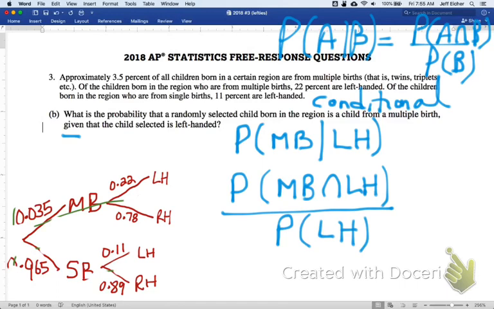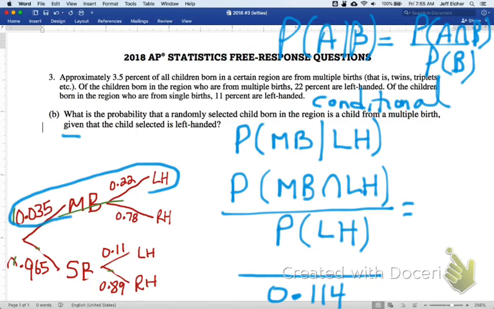So I have my tree diagram over here. The probability left-handed we found in the earlier part of the question. We found that to be 0.114, I believe it was. And then the probability of multiple birth and left-handed would be that branch.